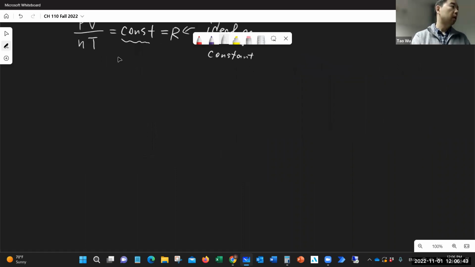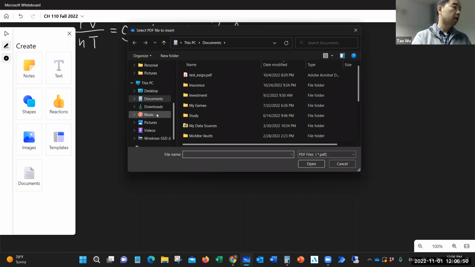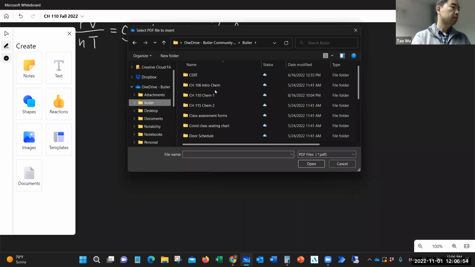Okay, so let's turn to page 17. I think it's 17 or 18.